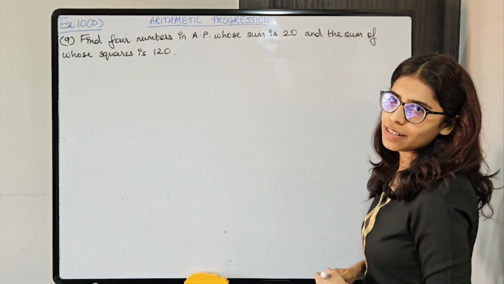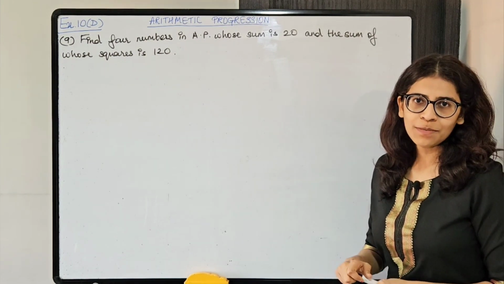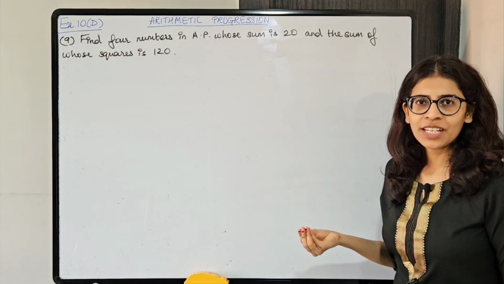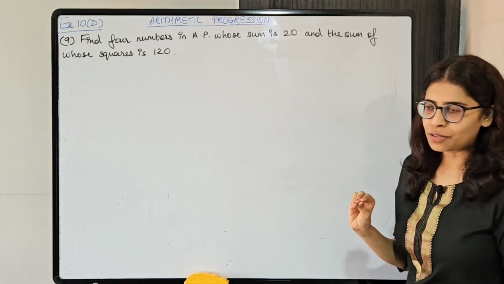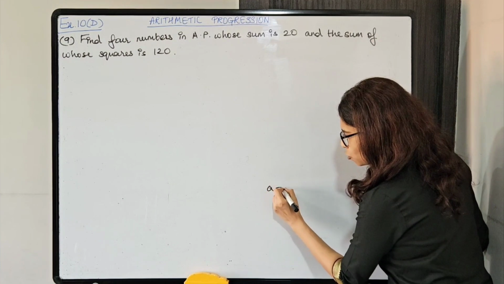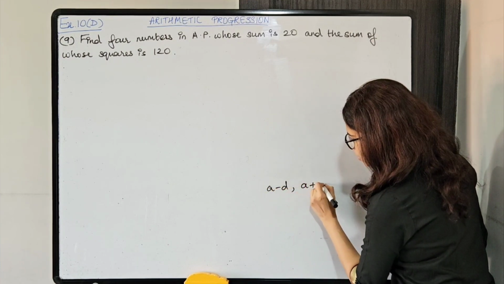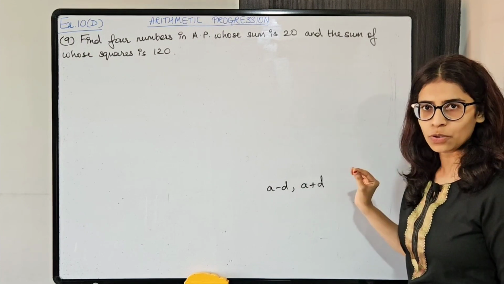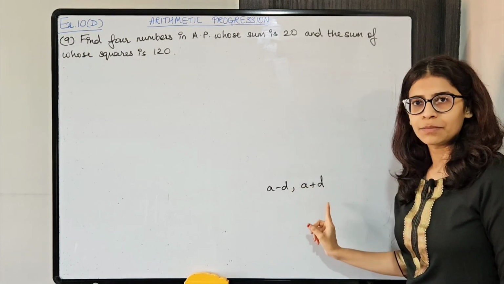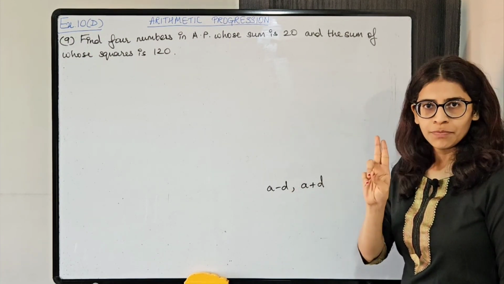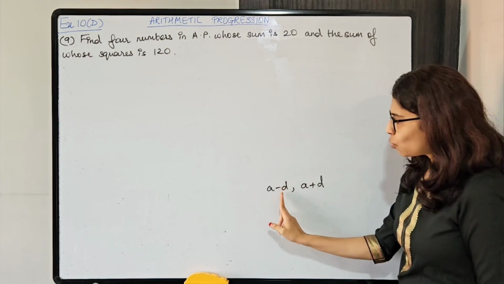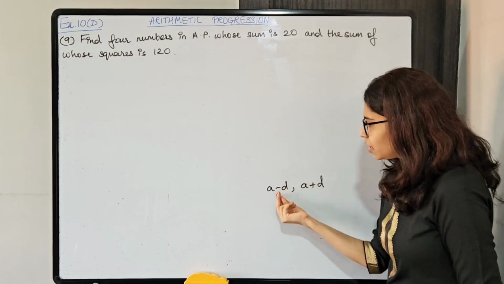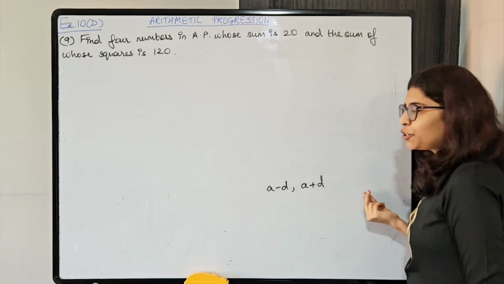There are 4 numbers in AP, that is 4 terms. Even number of terms है, और even number of terms, जो middle terms होगा that will be a minus d and a plus d. Okay, so जो difference है that is going to be 2d. 2d का difference है. So for 2 more terms you will add 1 term over here and 1 term over here.